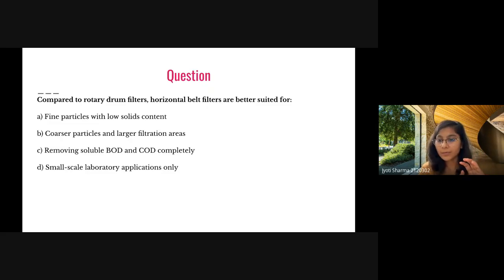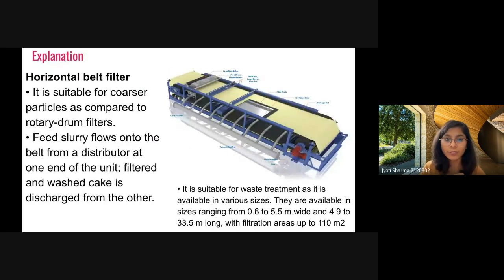So let me see. Venkateshwara gave me B answer. Okay, they also gave me B. So yes, if we do have coarser particles and a large filtration area, then we can use the horizontal belt filter. Let me show you how. This is the belt, and that belt has a filter.